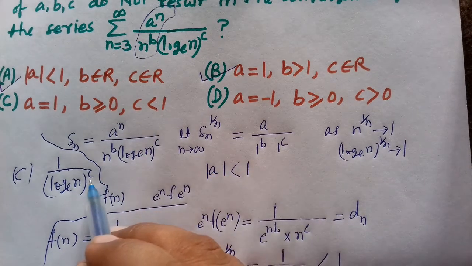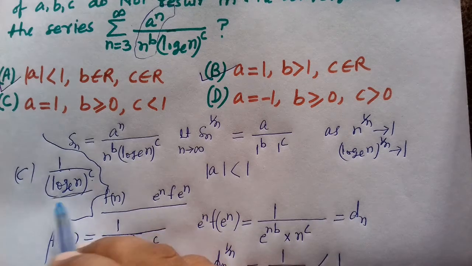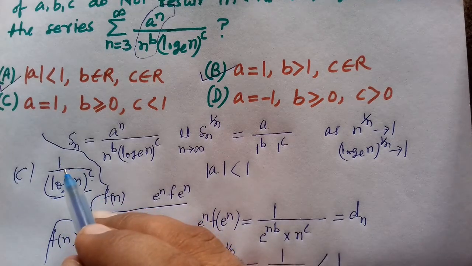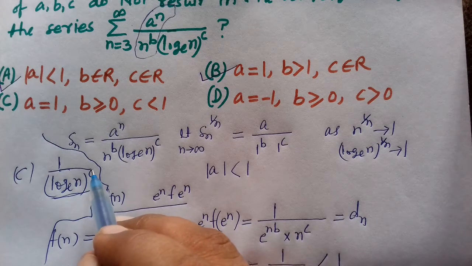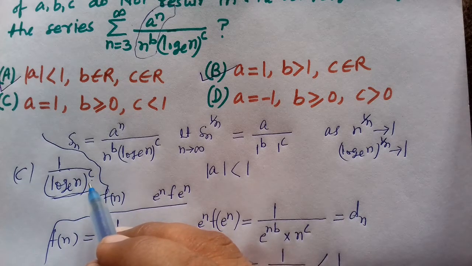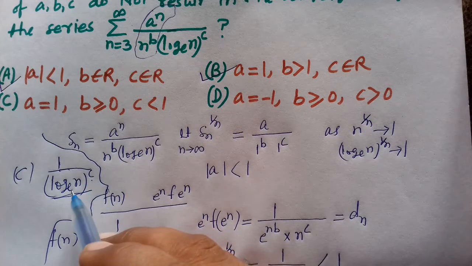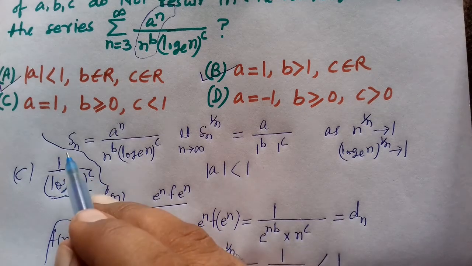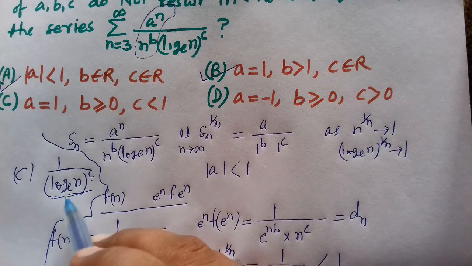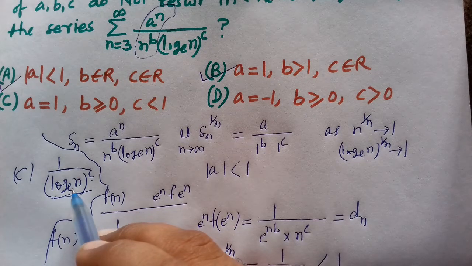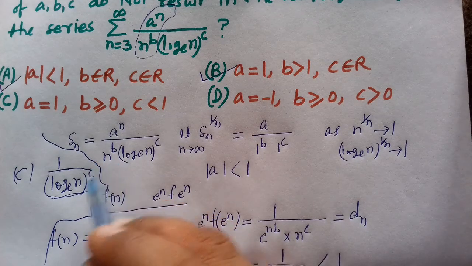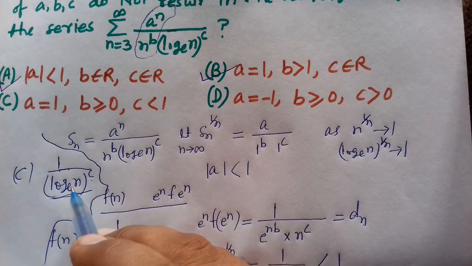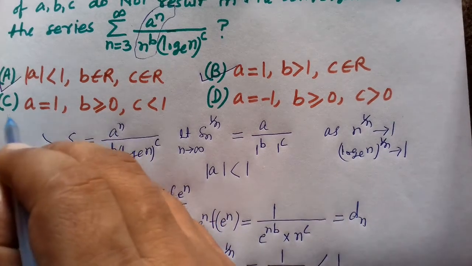If you take negative value of c here, then this log en goes to the numerator, because if you are making this power positive, you have to take this log en in the numerator. And if it goes in the numerator, then log en, as n tends to infinity, will tend to infinity. So it is not tending to 0, so this will be divergent.